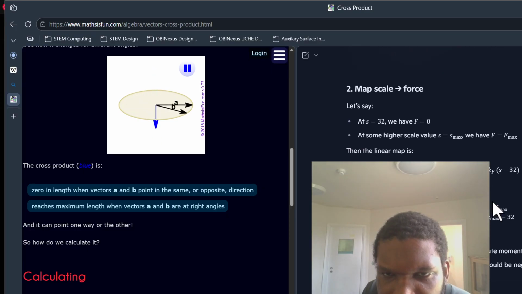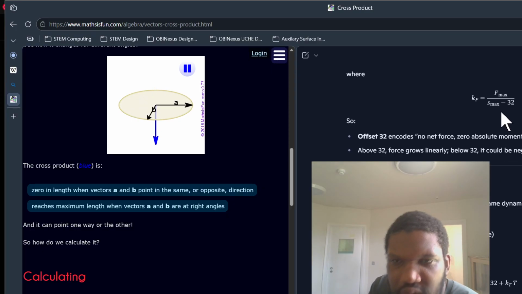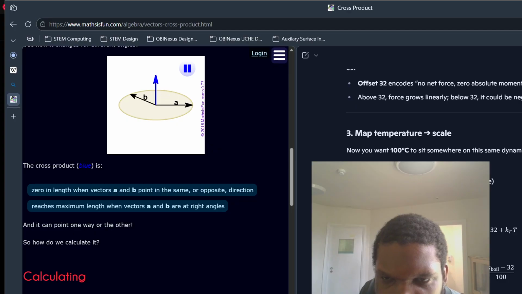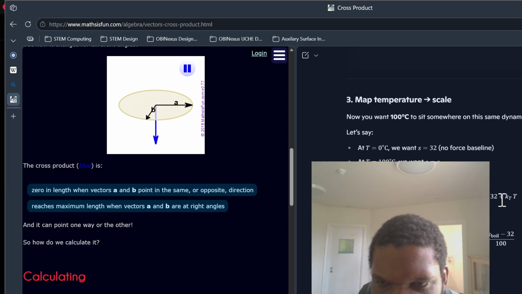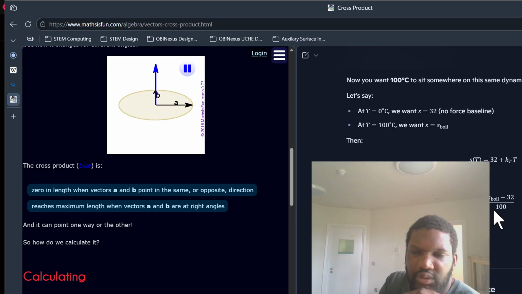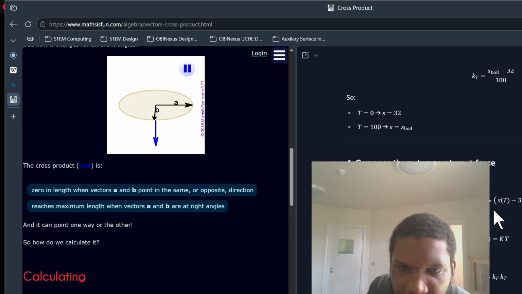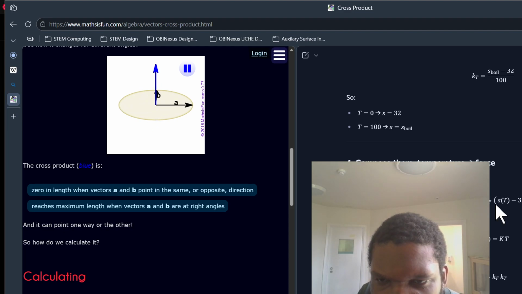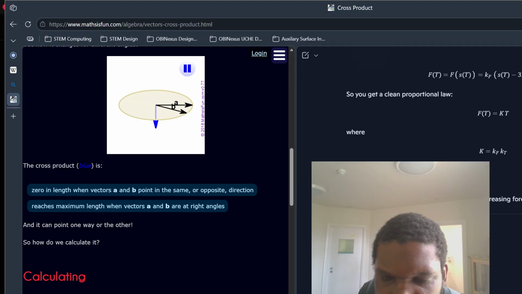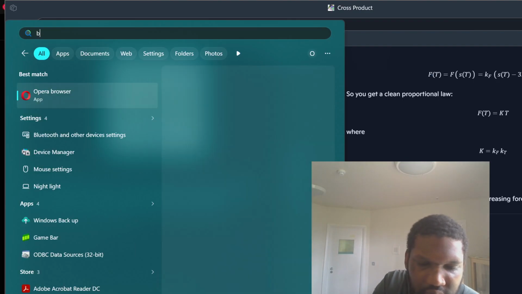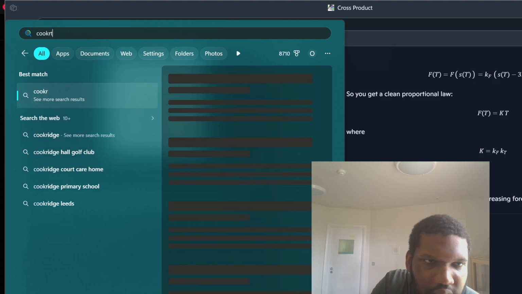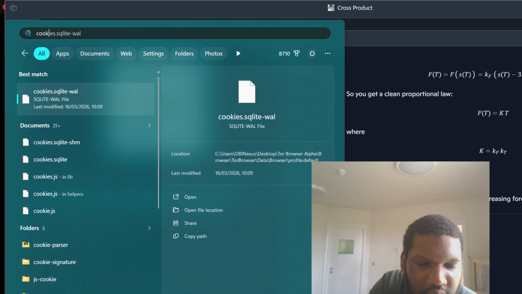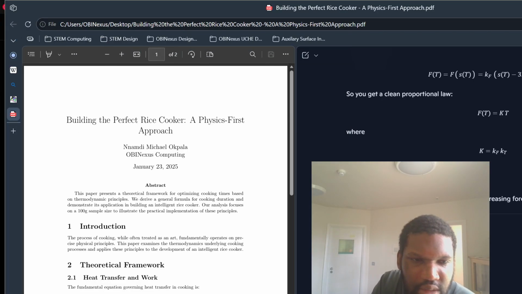F of S, where 32 is the baseline. So the boiling point of water combined with S. So this is the model here.